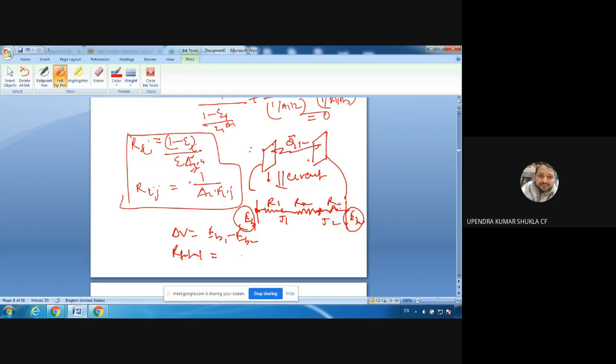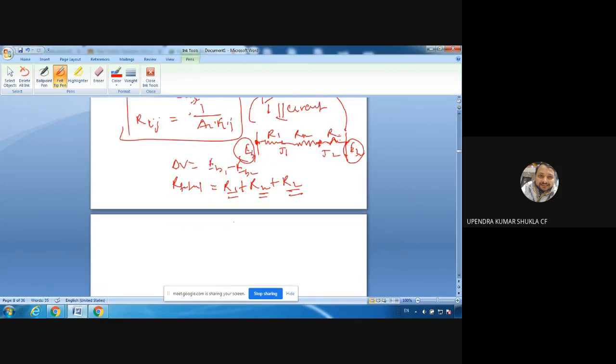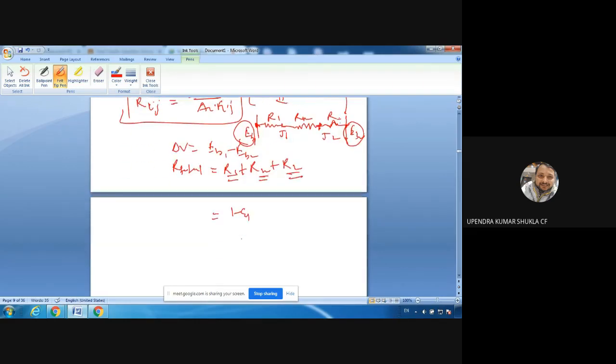R total is what? R total is R1 plus R12 plus R2: surface resistance, space resistance, surface resistance. Now put the values of R1, R12 and R2. The value of R1 is (1 minus epsilon 1) upon epsilon 1 A1.